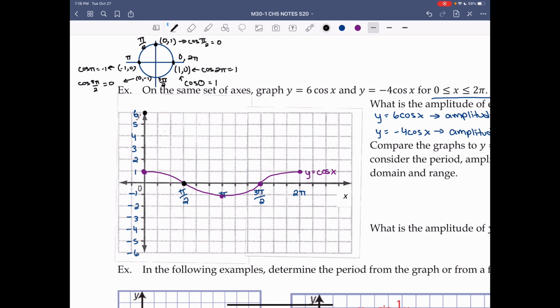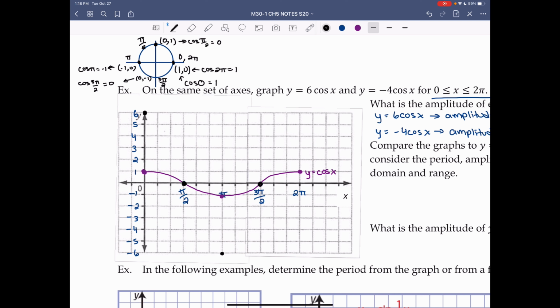When the angle is pi, cos of pi equals -1, multiply that by 6, we get -6. At x equals 3 pi over 2, we have cos 3 pi over 2 equals 0, multiply 0 by 6, we still get 0.